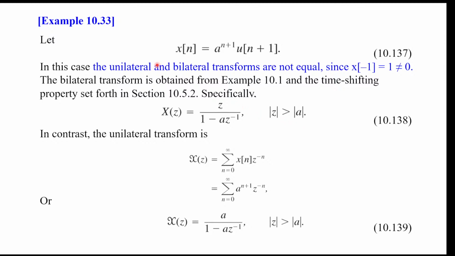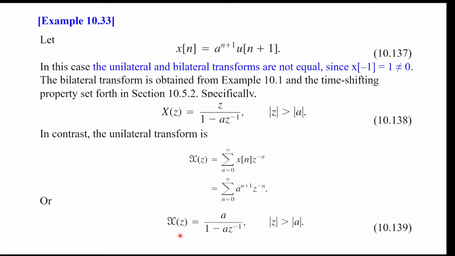Then it's very similar. You have a time shift, so you get an extra z here. You have X of z equal to z over 1 minus a z minus 1. But if you do this unilateral Z transform summation, because you only sum from n equal to 0, you will not sum this n equals minus 1 term. And so you do the calculation, you see you have a over 1 minus a z minus 1 instead of z.